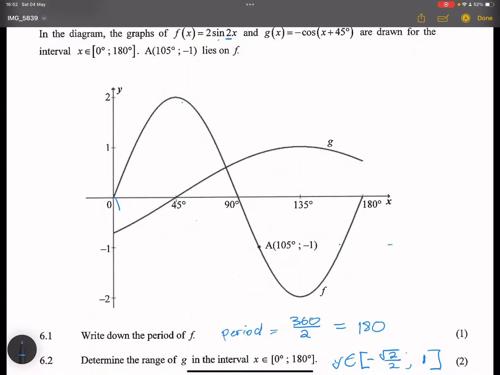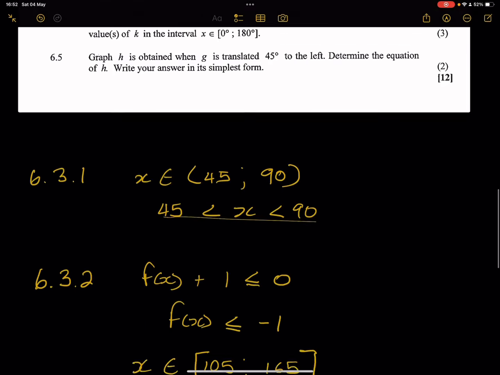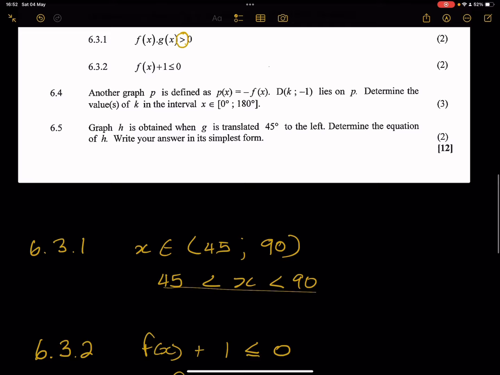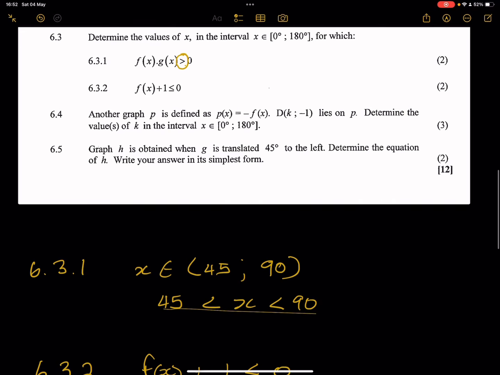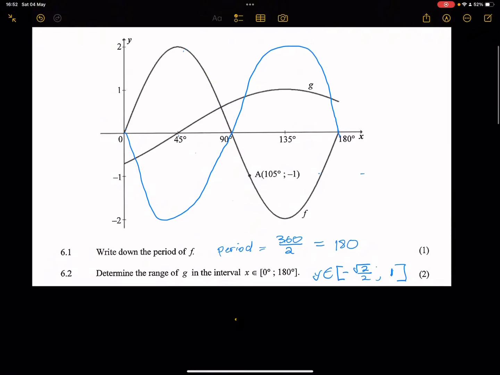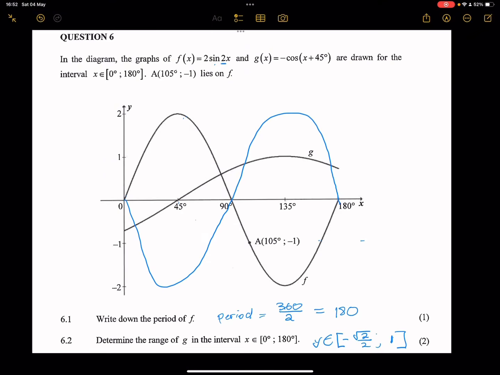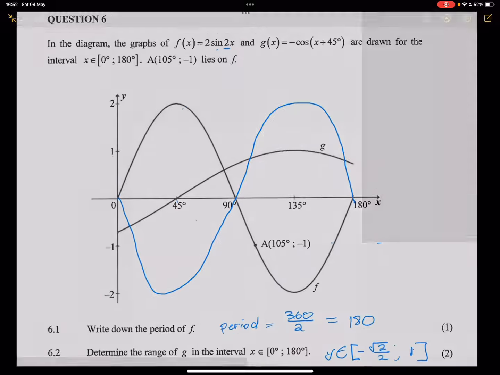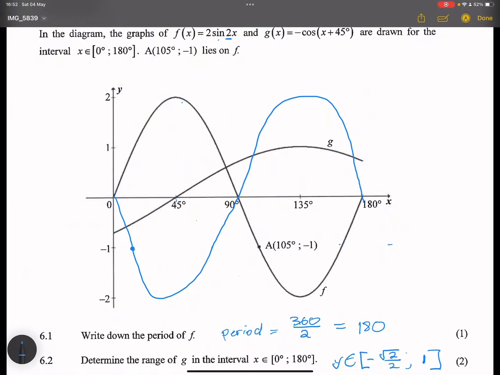The blue graph is actually P. They want to know where this graph is going to have values of -1. Where the graph of f was 1, the graph of P would be -1.